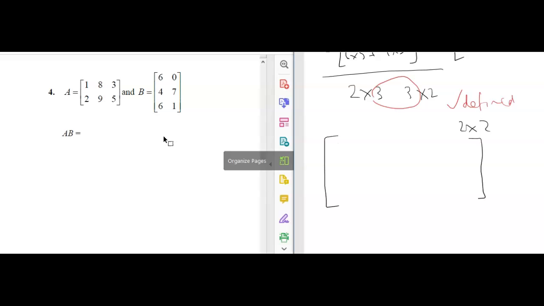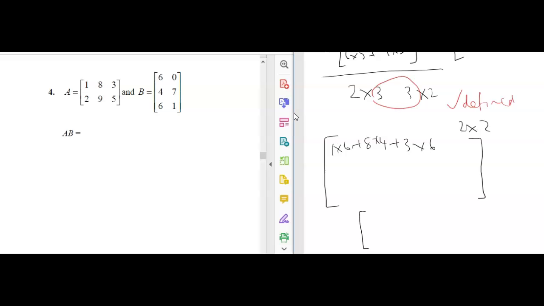Oh, I didn't write them down. It's all right. We don't need to write them down. 1 times 6. Okay, so remember we go across, down. So first row, first column.